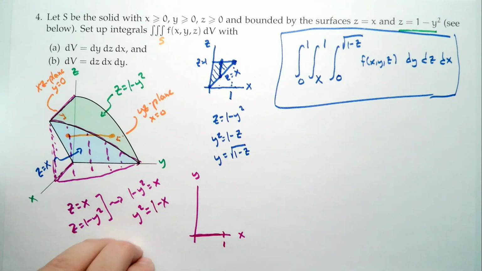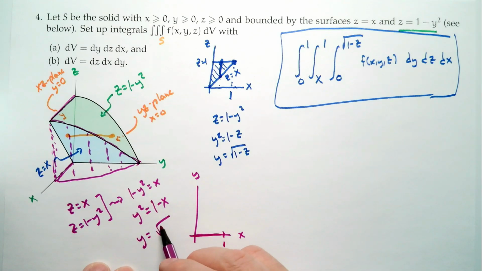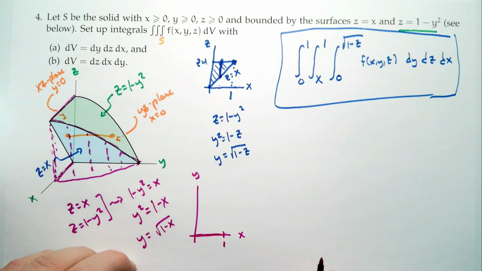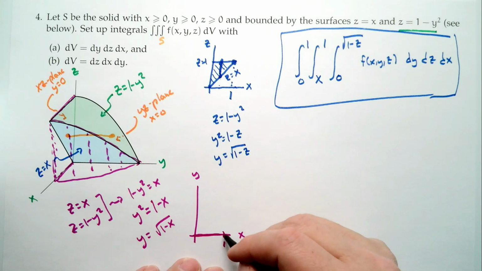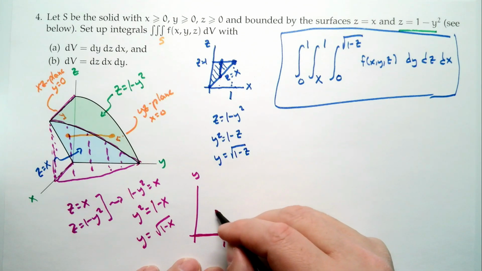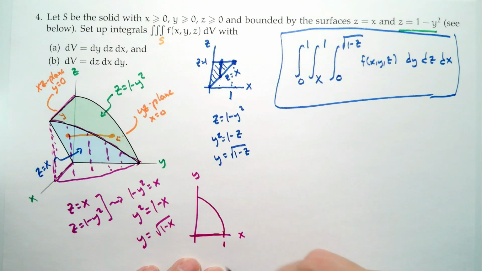So that tells us that y is the square root of 1 minus x. Not that we necessarily need it in that format, but if it helps, it helps. Okay, so that's a square root. It's actually a square root that's going backwards. It starts here, and it works back up.